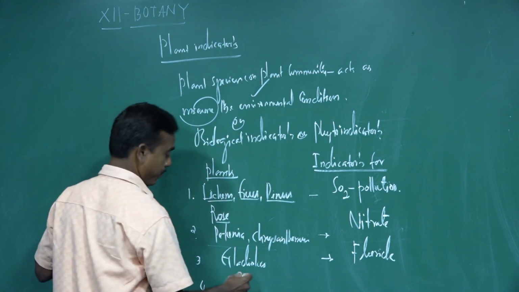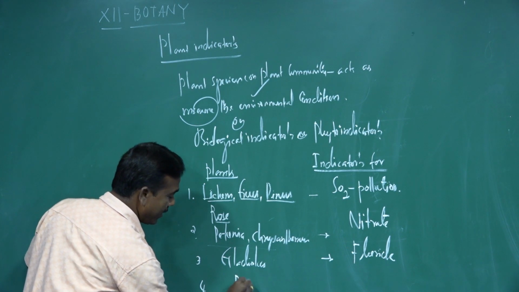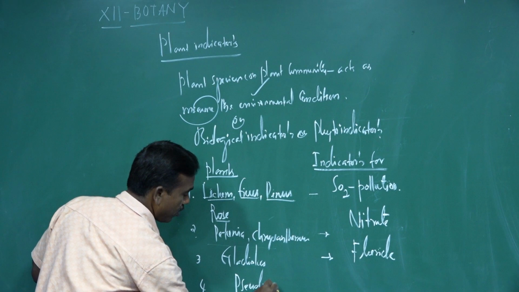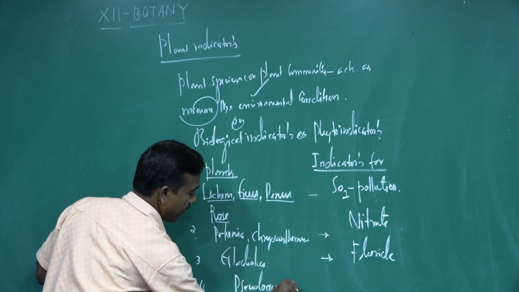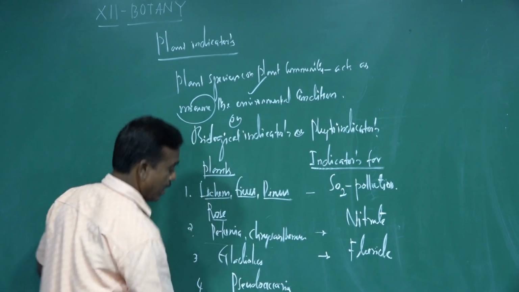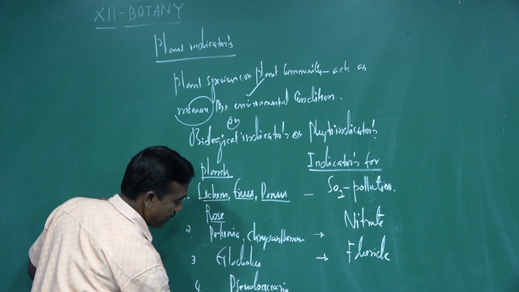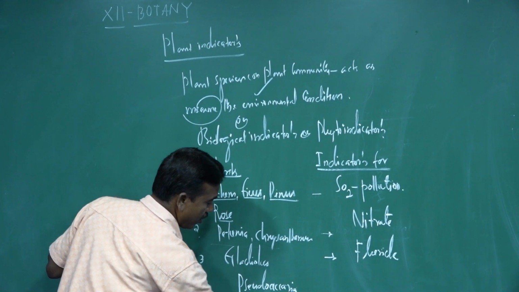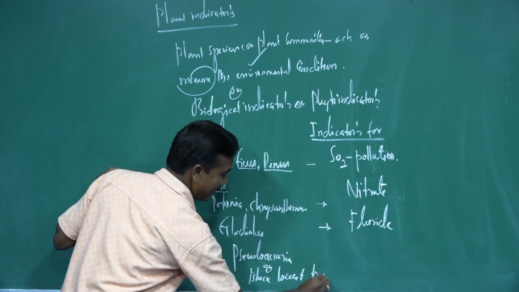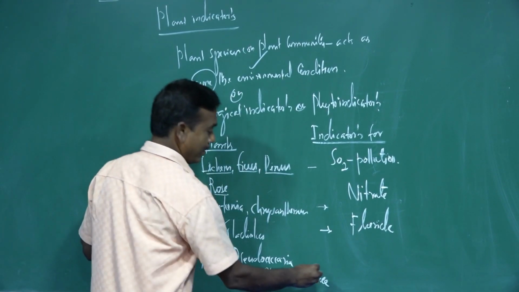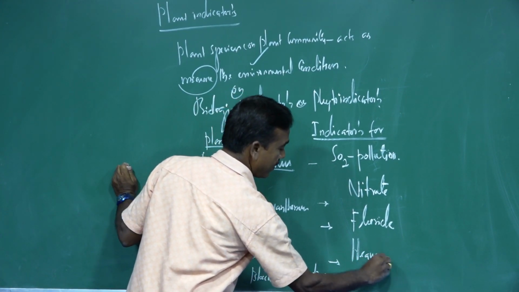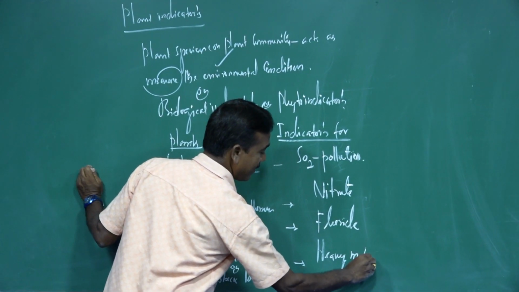The fourth one, Robinia pseudoacacia, also known as black locust tree, indicates heavy metals.